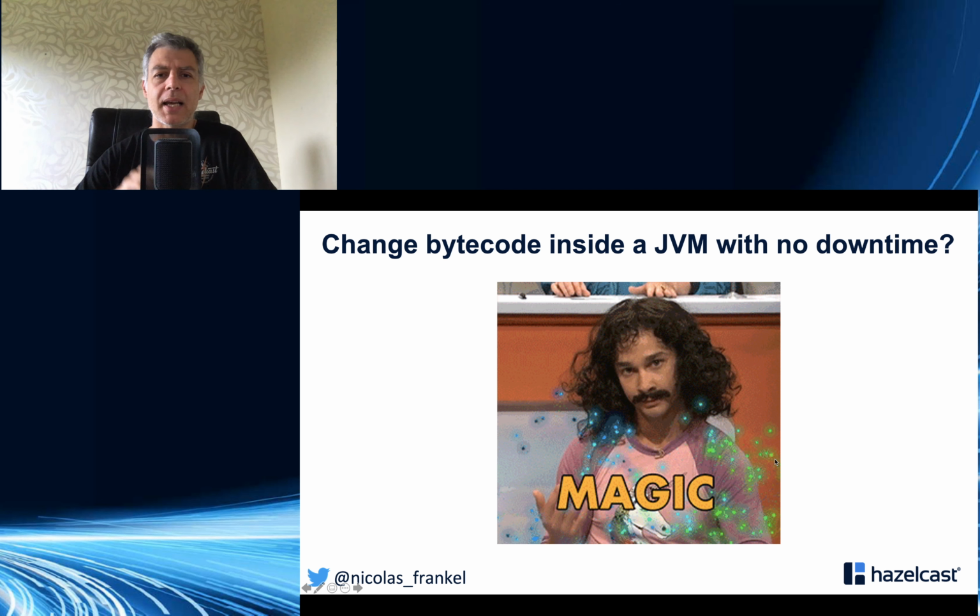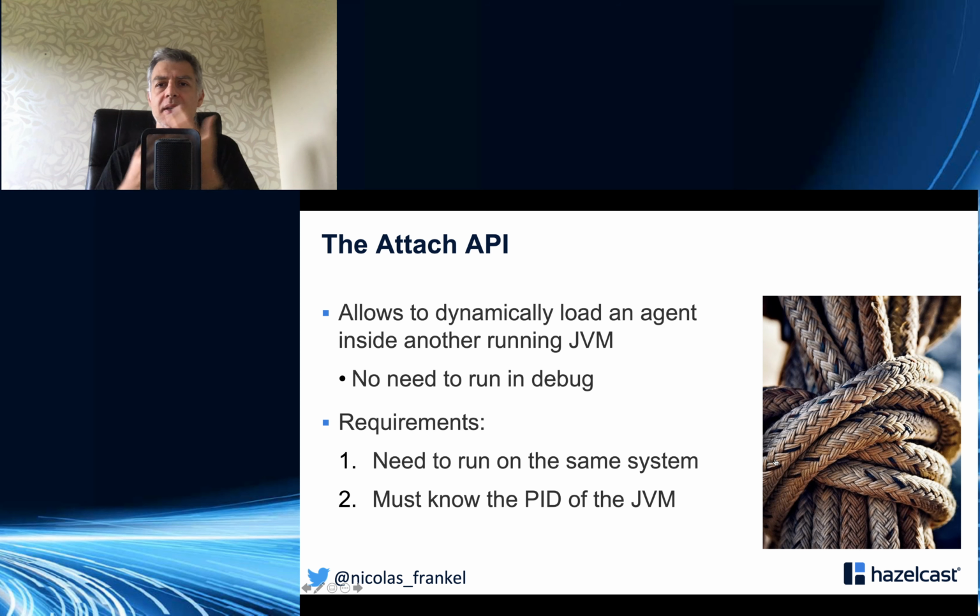The good side of it is the production JVM doesn't need to run in debug mode. You have only two requirements. They need to run on the same system, whether it's a virtual machine or a real operating system, and the attaching JVM must know the PID of the running JVM. Those are the only two requirements.